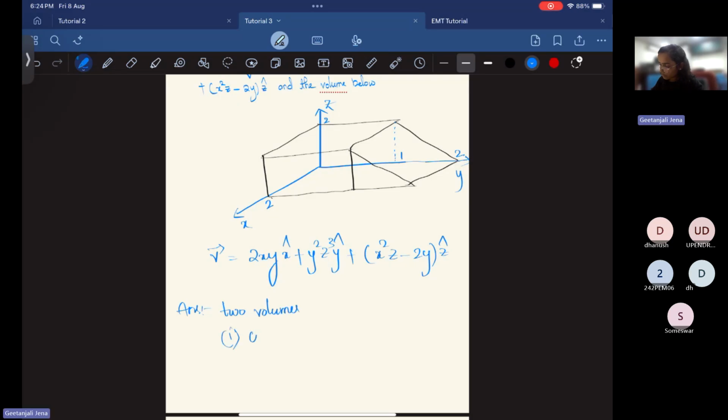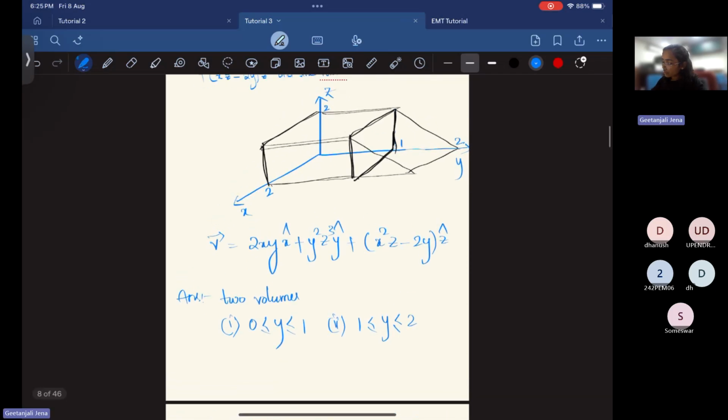One is a cube where y ranges from 0 to 1, so I am talking about this volume. This is a cube. And the second volume will have y varying from 1 to 2.